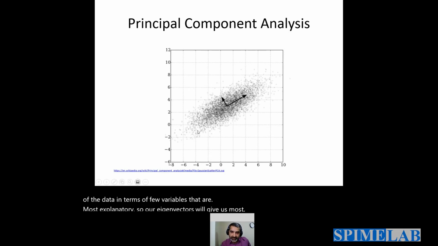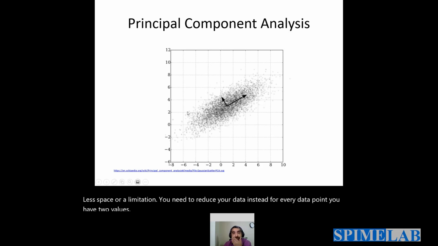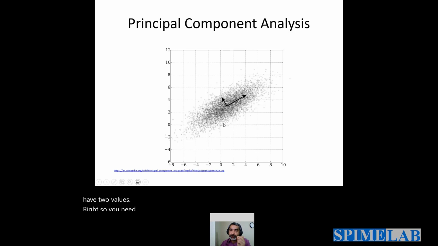If you want to sacrifice one out of these 2 dimensions, which one will you sacrifice? You have less space or a limitation, you need to reduce your data. For every data point, you have 2 values, so you need to represent every data point with 1 value. Which one will you use? X or Y? Both are important.